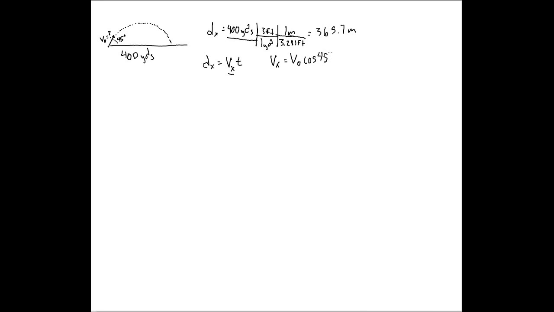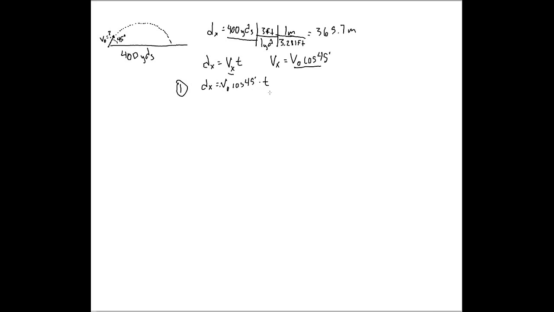In this case, our angle is 45 degrees. Cosine is for the x, always, always, always. So let's replace Vx with that. So our dx equals V naught cosine of 45 degrees, and then all of that times time. I'm going to call this equation 1.